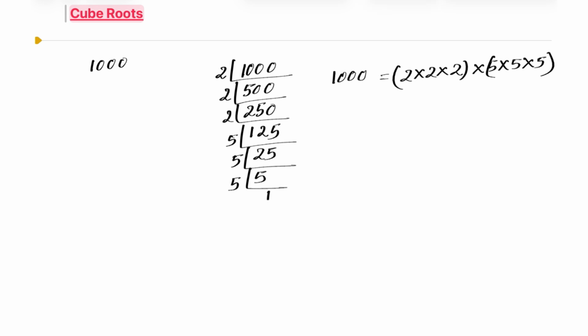So 1000 is a perfect cube. To find its cube root, we will take one of the factors from each triplet and multiply them together. Here from the first group, we will take 2 and from the next group, we will take 5. 2 into 5 is equal to 10. So the cube root of 1000 is 10.